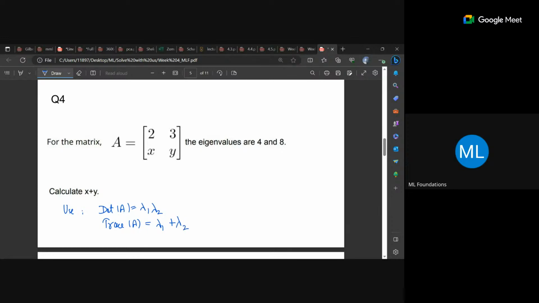So the eigenvalues are given to be 4 and 8, so the determinant should be 32, and the trace would be 12. And determinant of A would be 2y minus 3x, and trace of A would be 2 plus y. Just solve these two and you will get x to be minus 4, y to be 10. So x plus 5 would be 6.